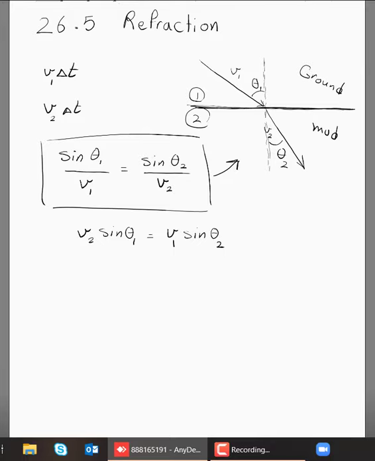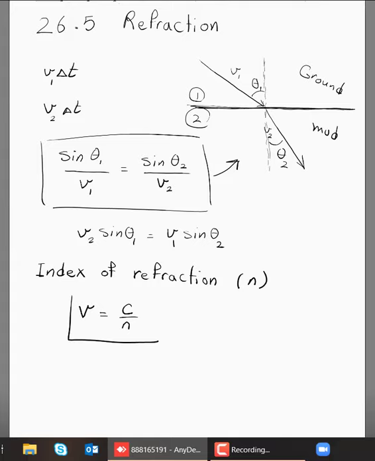Now, another thing that we need to define here, and that is very important in this chapter, is the index of refraction. So we show it by n, and it is defined as v equals c divided by n, meaning the velocity of light will decrease when it enters the medium.